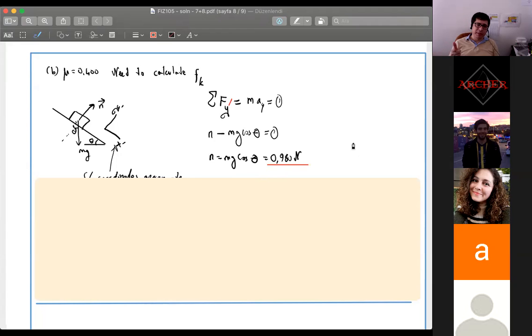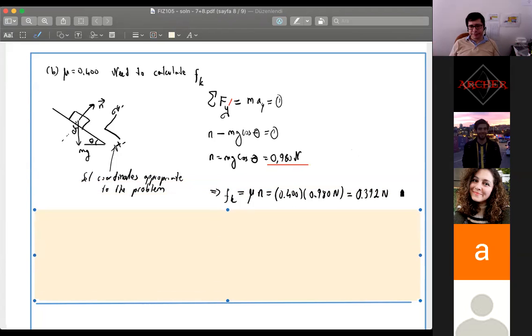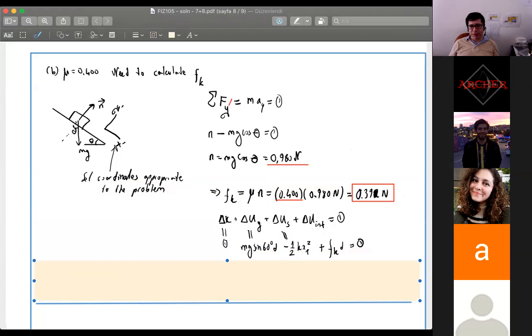Now I will multiply this with friction coefficient. There it is, the friction force. Multiply normal force with the friction coefficient, which is 0.4. This is the friction force, kinetic friction force. Next is put this into the energy equation. Here this part is the same with the previous part, part A of the problem.